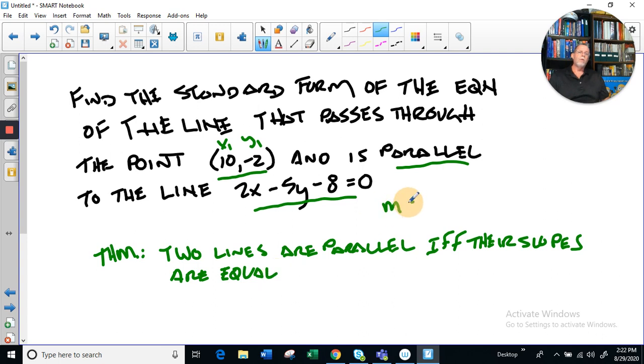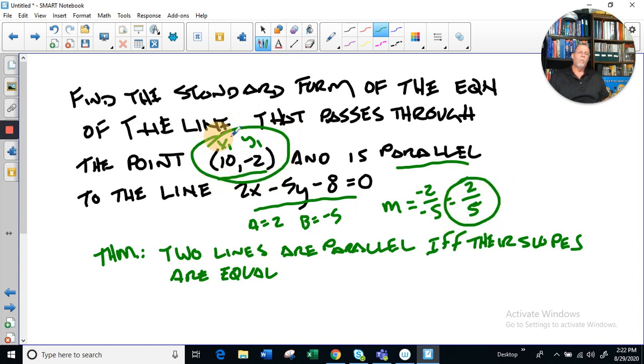A is 2, B is -5. So our slope is negative A over B, so -2 over -5, that would be 2/5. So now we have our slope and our point. With our point and slope, we can now go and write everything we need.